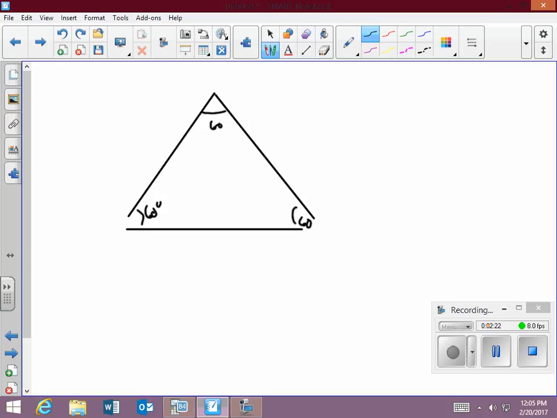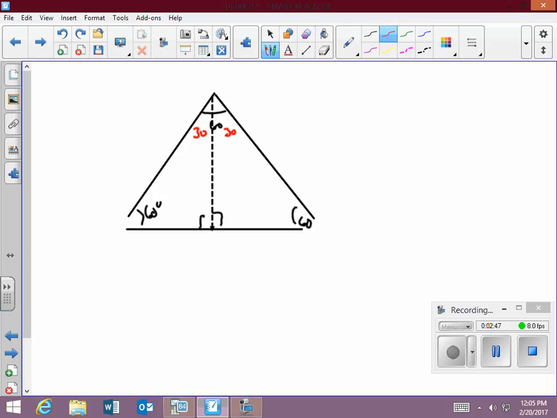And then if you draw a perpendicular bisector of the base, it goes straight up to the height. This is a right angle. So this bisects this angle, so this is 30 degrees, 30 degrees.